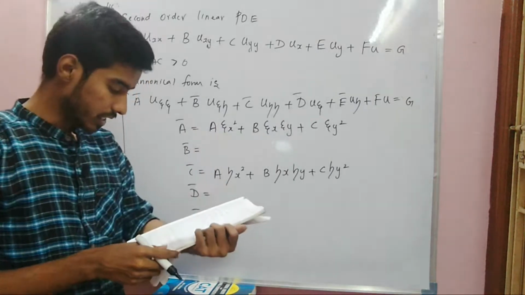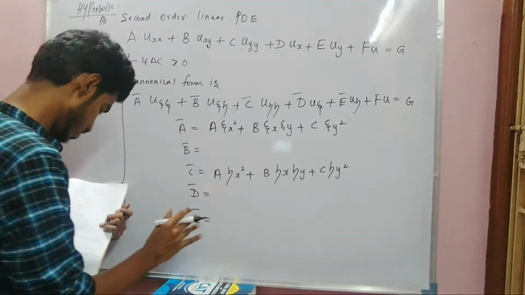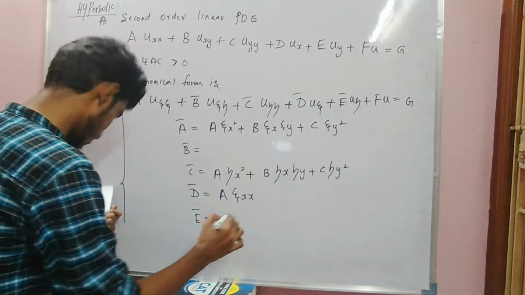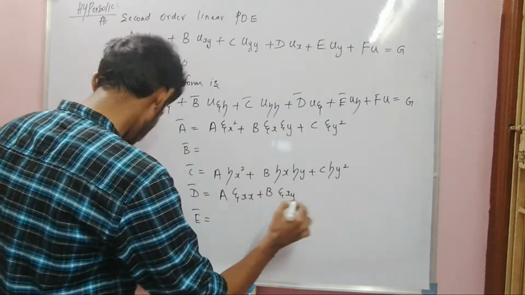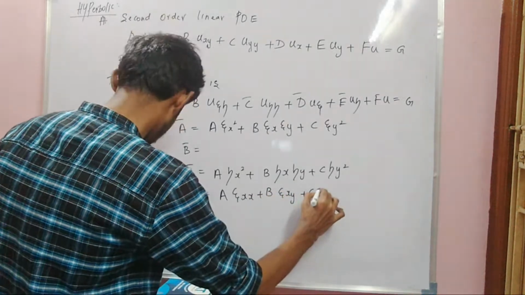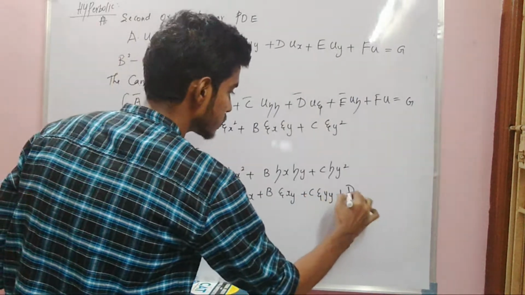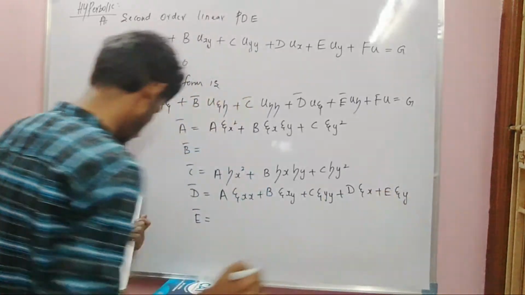Now d bar and e bar: d bar is A theta xx plus B theta xy plus C theta yy plus D theta x plus E theta y.